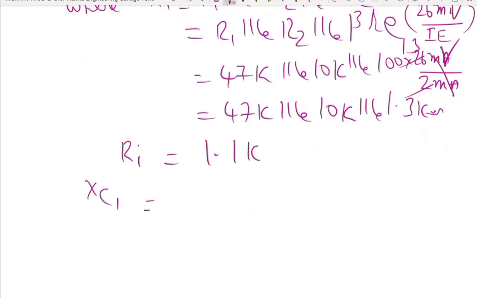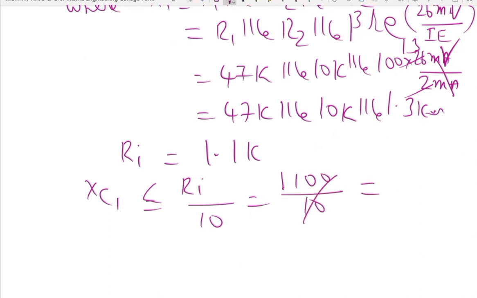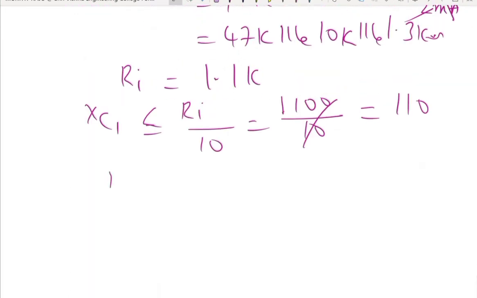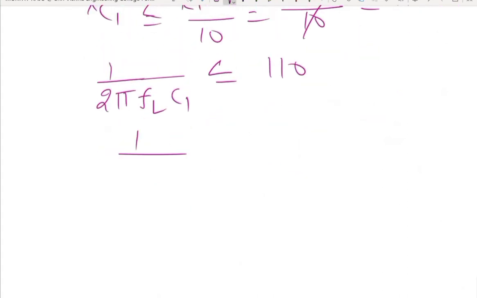But XC1 is less than or equal to Ri by 10. 1.1K means 1100 by 10, that is equal to 110. Capacitor reactance XC1 is equal to 1 by 2 pi FL C1, less than or equal to 110. That is 1 by 2 into 22 by 7. FL value is already given in the specifications. FL value is 100. We don't know the C1 value.